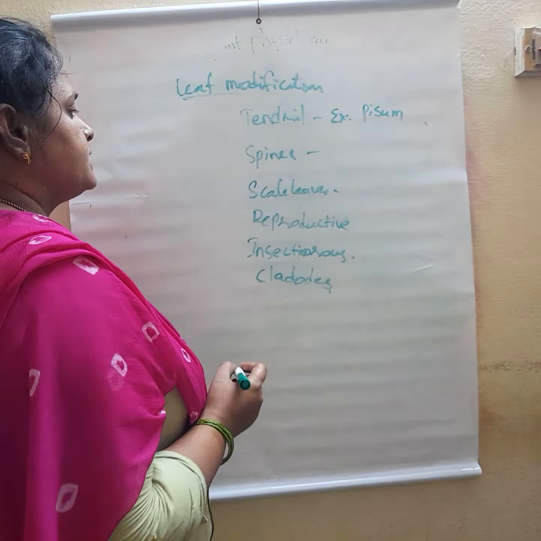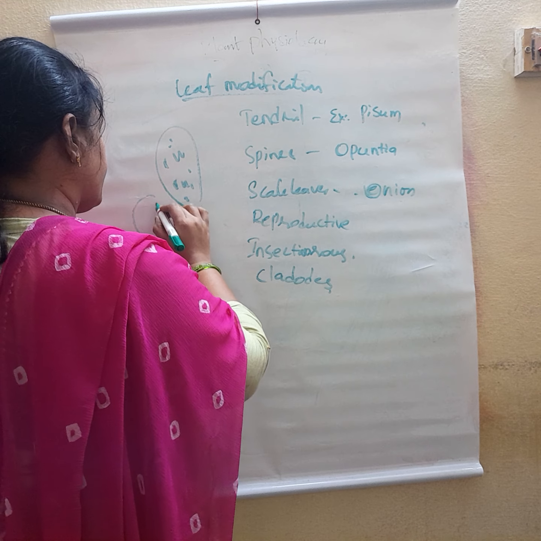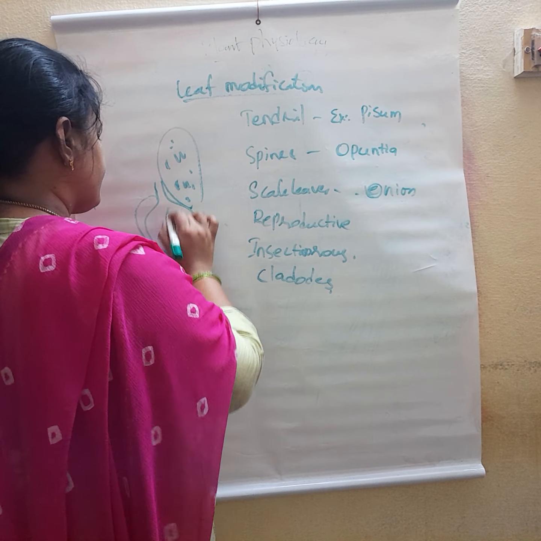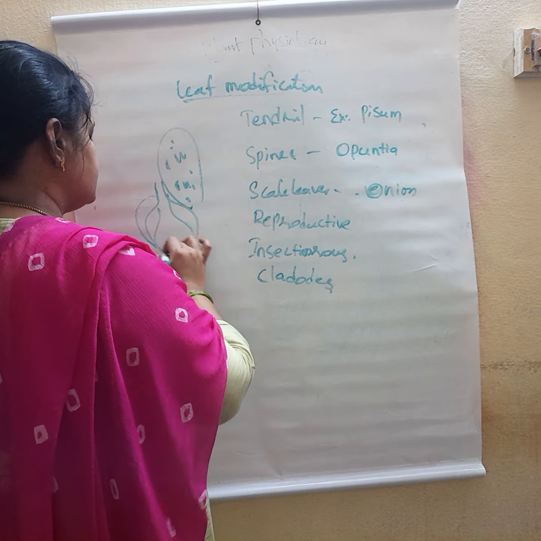The scale leaves of the onion store food material, right? Reproductive leaves help in reproduction. Example is Bryophyllum and Begonia.